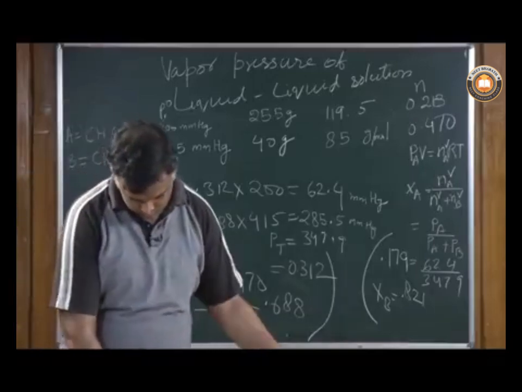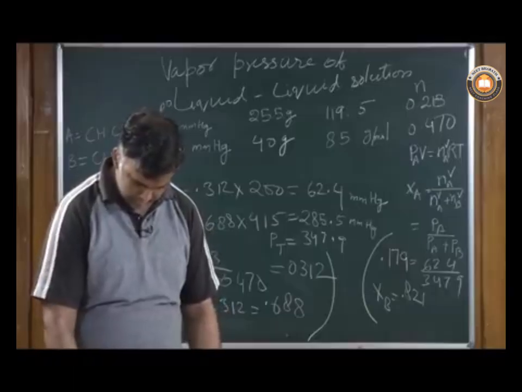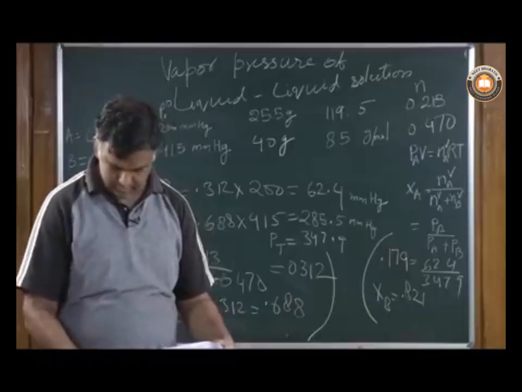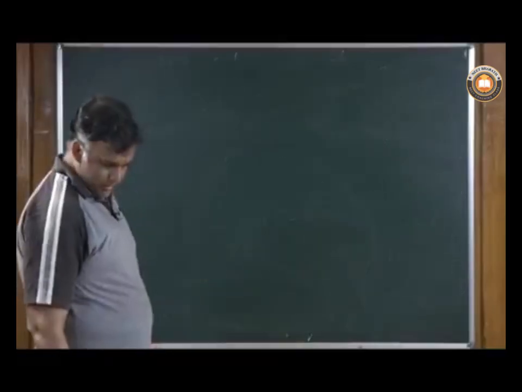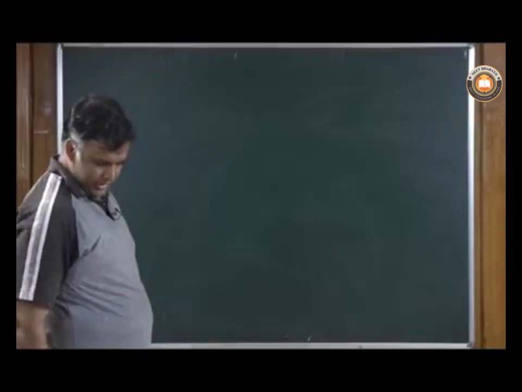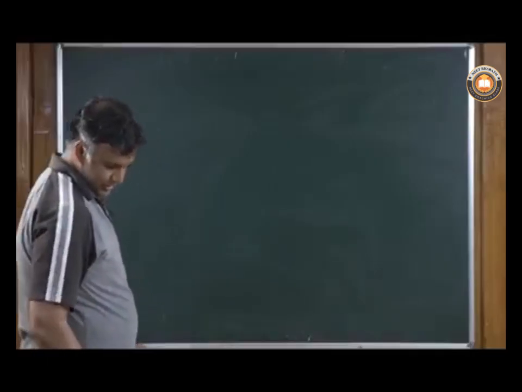Okay, let us do one more problem from the in-text questions. Okay, let me clean the blackboard first. The vapor pressure of pure liquid A and B are 450 and 700 millimeter Hg respectively.